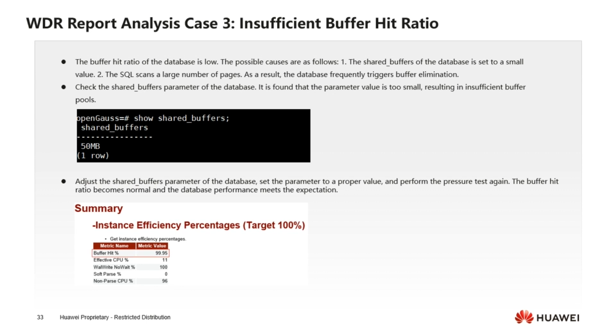Or you might have some SQL queries that do a full scan on large tables, which is not normal for a transactional workload. We check the shared_buffers parameter in the database, and the size was 50 megabytes. It's apparently too small. We reset that to an appropriate value and solve the performance problem.